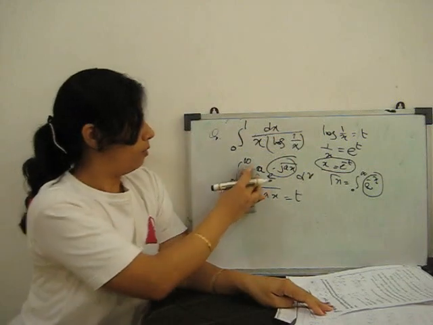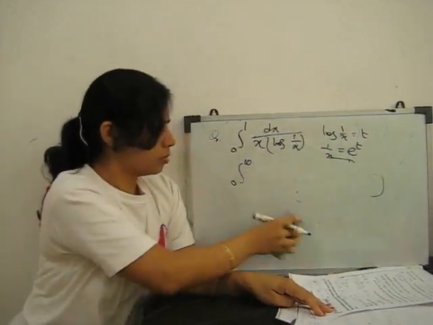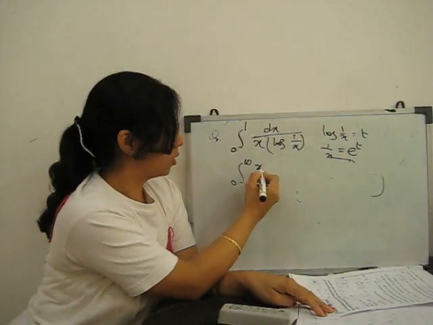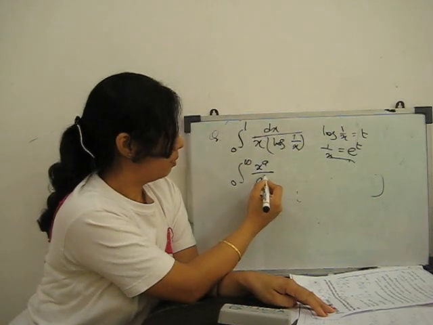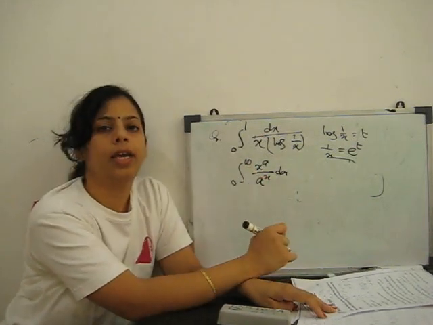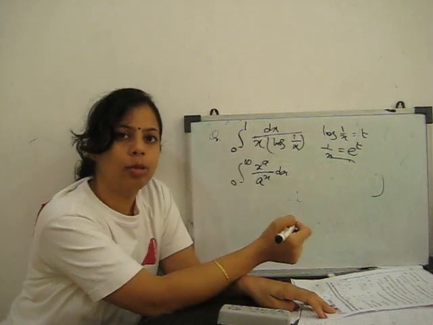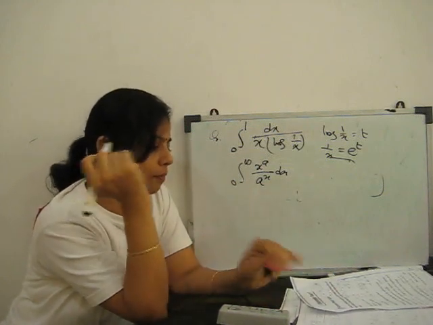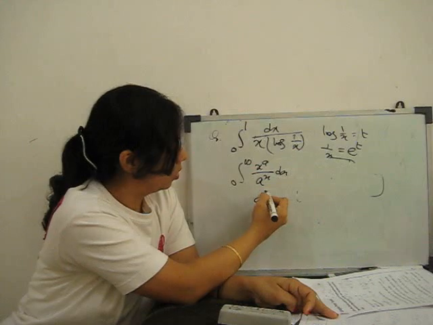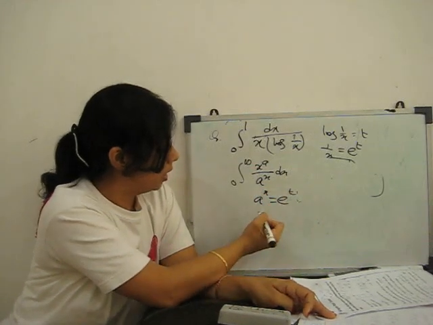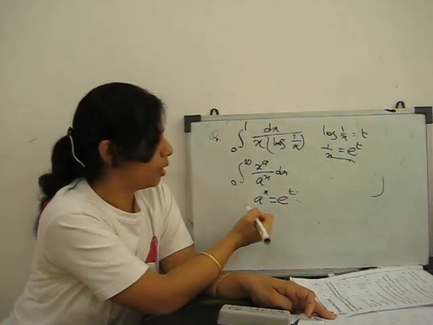Similarly, if you have one more example, 0 to infinity x to the power a to the power x dx. Here also you put a to the power x equal to t. If a to the power x is equal to e to the power t, then take antilog.